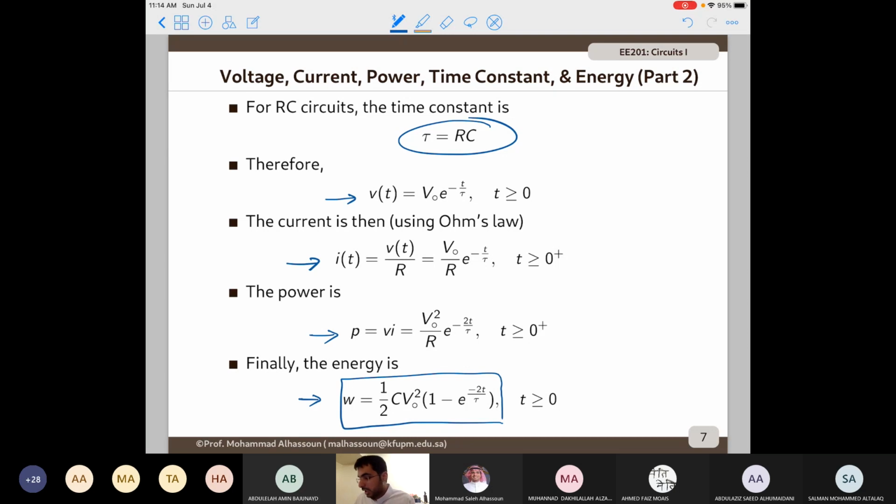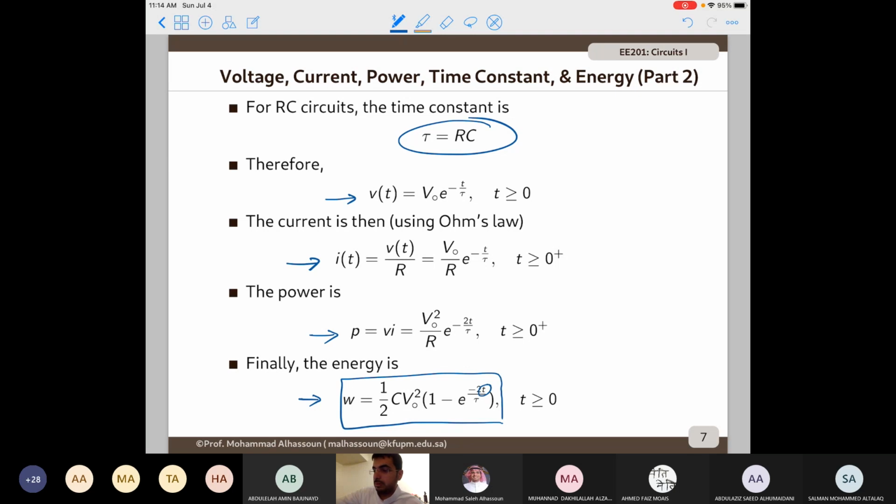As you can see here, as time progresses, the initial energy delivered to the resistor is going to be 0, because if you evaluate at t equals 0, you get 1 minus 1, which is 0. Then over time, you will see that the energy has been completely delivered to the resistor.